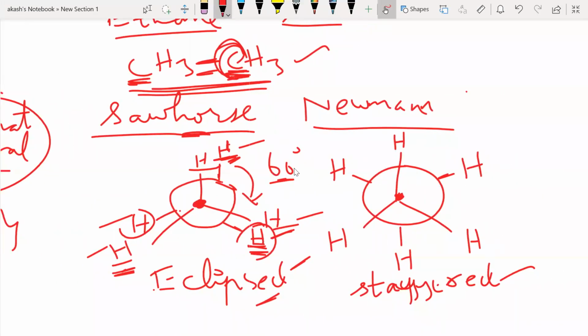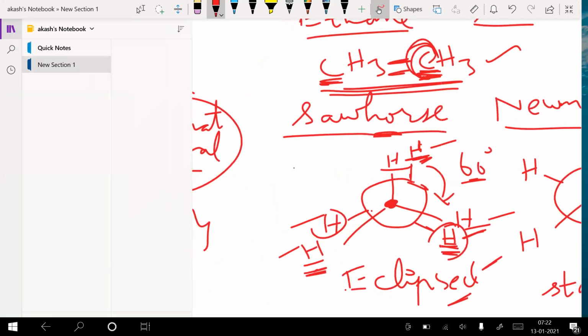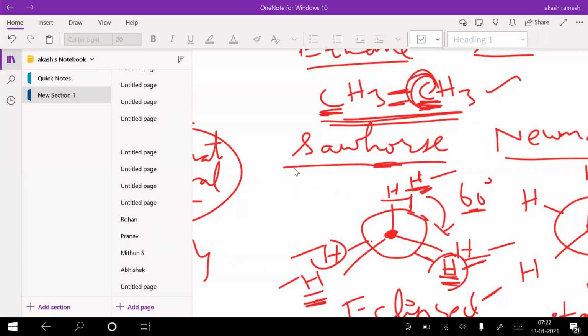Why was trans more stable? If you place the two groups opposite to each other, why does it make it more stable? Anybody can give me the answer. What did I tell you? I mentioned this point. When they ask you which of cis and trans is more stable, you should say trans is more stable. But what is the reason?